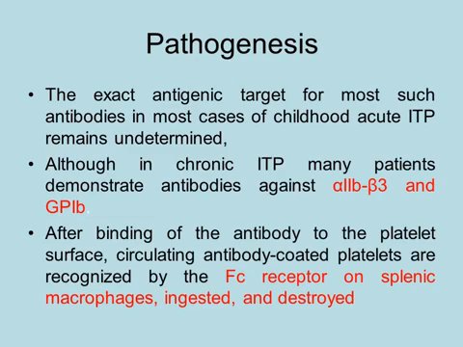Although in chronic ITP, many patients demonstrate antibodies against alpha-2b and beta-3 and GP-IB antigen, they are surface antigen on the platelet surface. After binding of the antibody to the platelet surface, circulating antibody-coated platelets are recognized by the Fc receptor on splenic macrophages, ingested and destroyed.